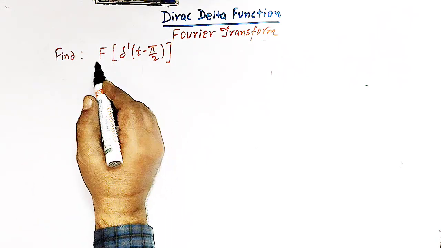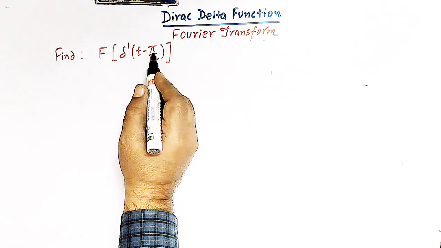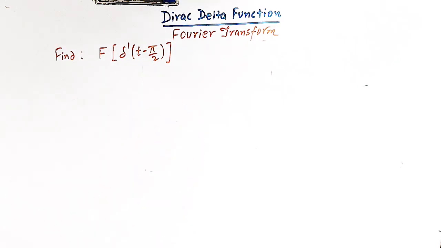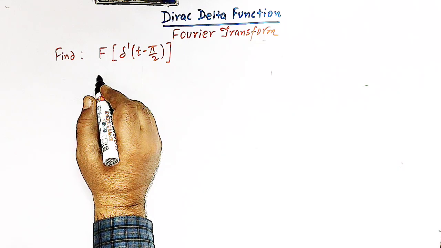To get the value of the Fourier transform of delta prime of t minus pi by 2, we have to make use of the definition of the Fourier transform.